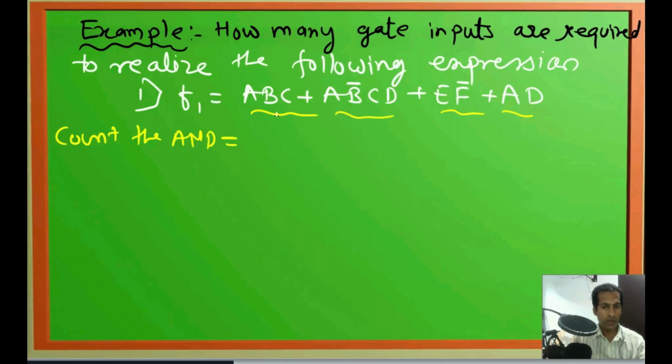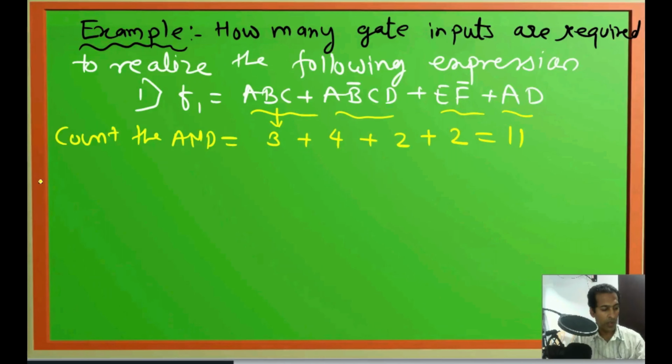For this one we have 3, plus for this one we need 4, for this we require 2, for this we require 2. So these are total 11 AND inputs we require.